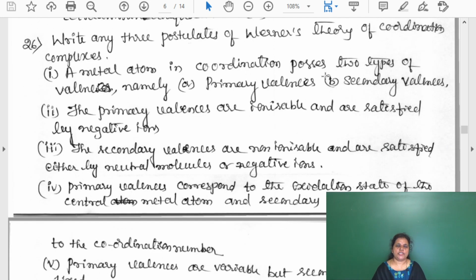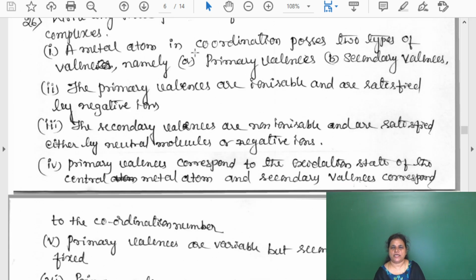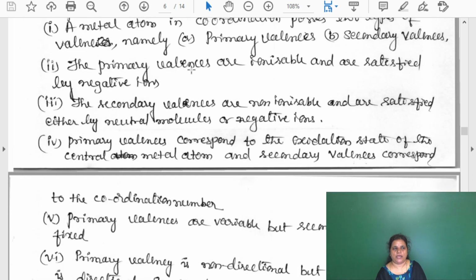Now to question number 26. Write any 3 postulates of Werner's theory of coordination complexes. The first assumption that we can give is: a metal atom in coordination compounds possesses 2 types of valencies, namely primary and secondary valencies.